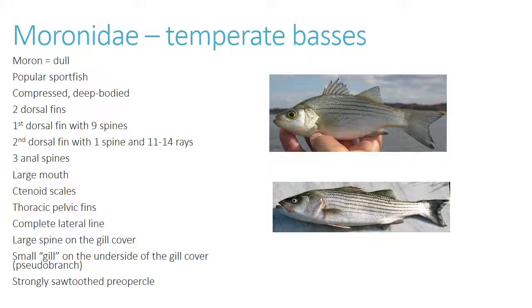These are also popular sport fish. Again, these characteristics you've seen in lab. And the two species that we're focusing on are the white bass and the striped bass. So here's the white bass, Morone chrysops, and Morone saxatilis is the striped bass.